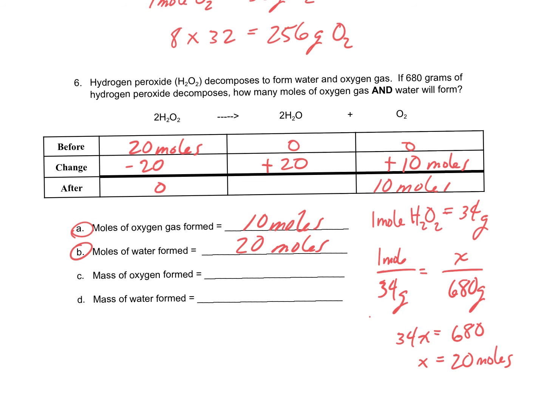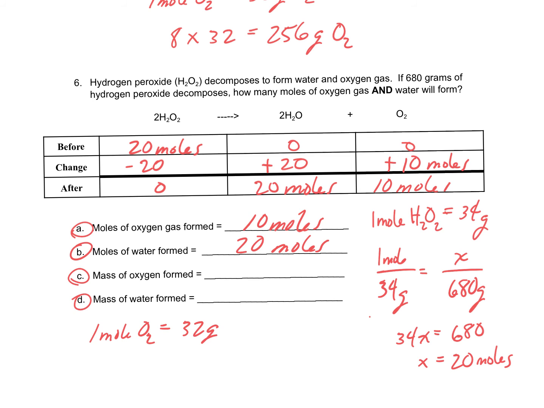All right, now the rest of it is just converting to mass, all right? We take the number of moles and convert that to mass. For oxygen gas, 1 mole of oxygen gas is 32 grams.